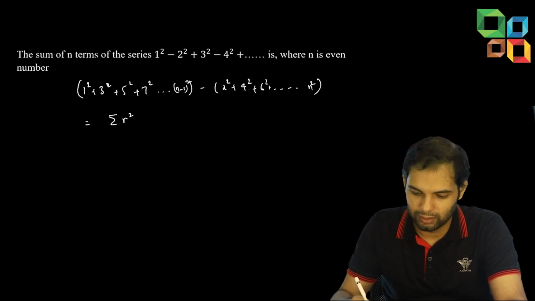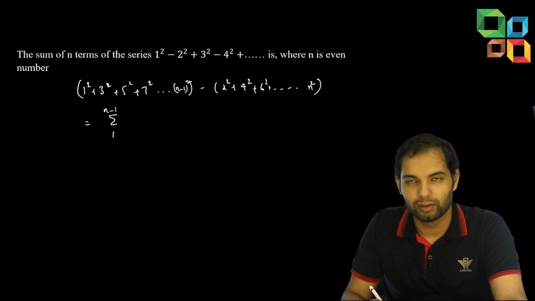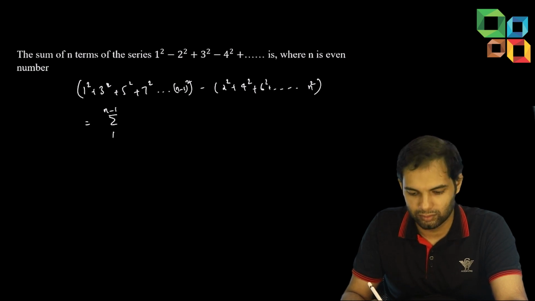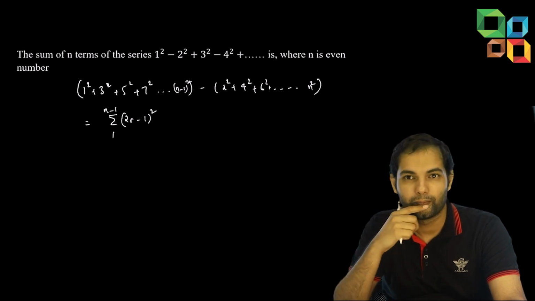The limit, you mean? Yes, 1 to n minus 1. Of what? Of 2r minus 1 whole square. Okay, got it. Fine. What next?